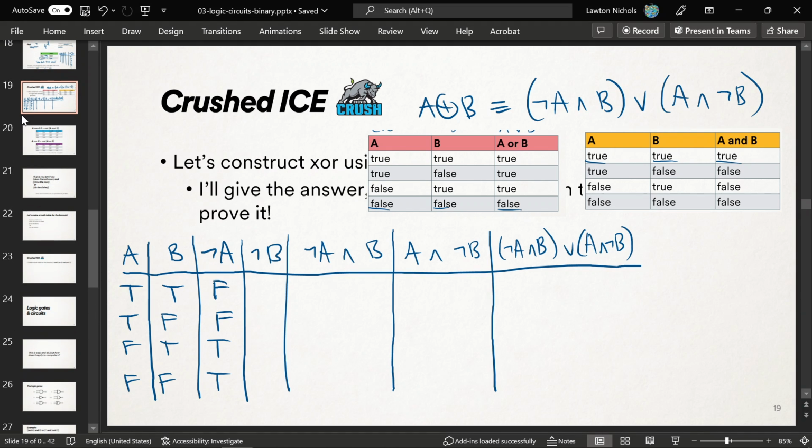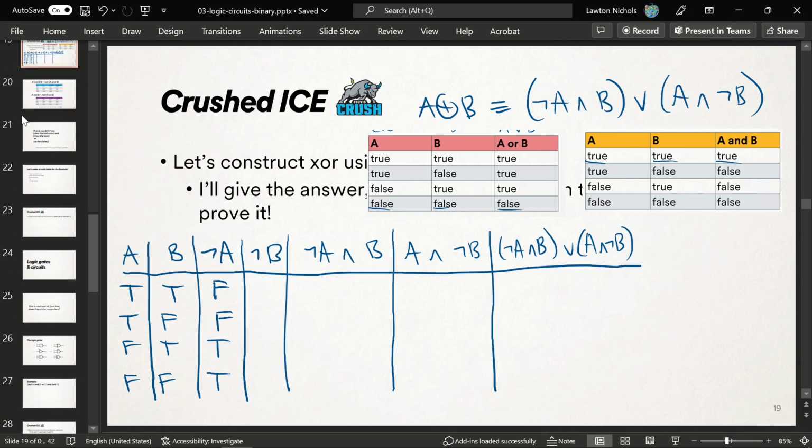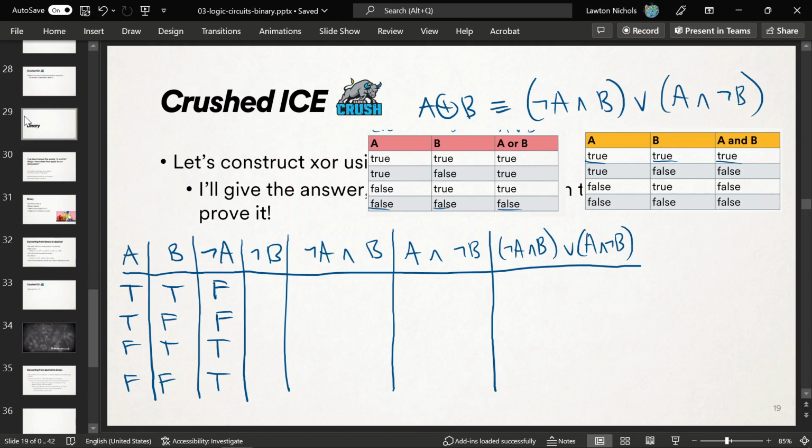I accidentally clicked. There you go. Where am I trying to get to? Take one more minute and then I'll do it with you.